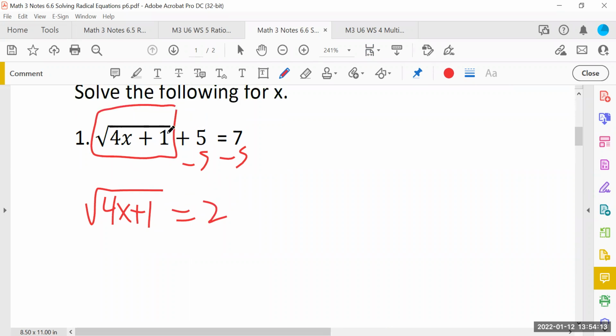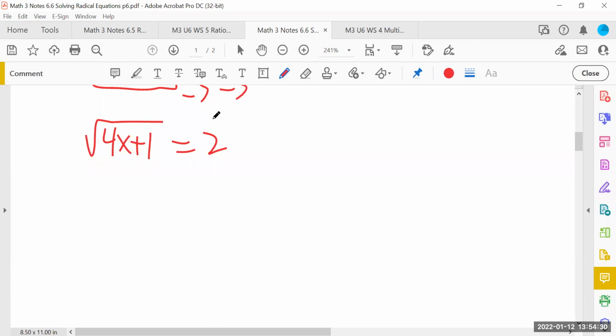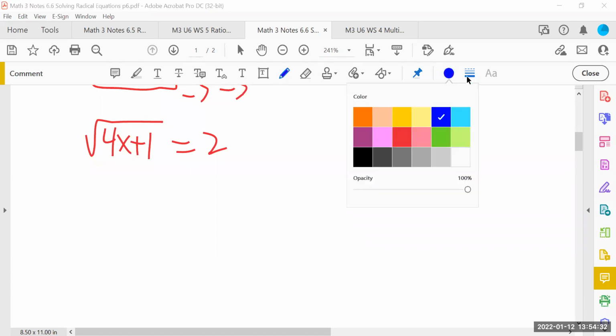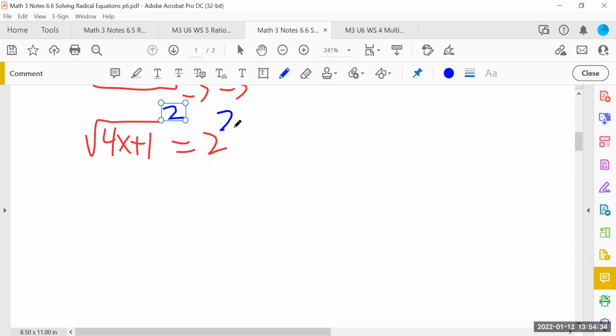So again, the idea is anything that's on the outside, if I need to get rid of a plus 5, I'm going to do the opposite of that. I'm going to subtract 5 from both sides. As long as I do the same thing to both sides, just like any other time we're solving an equation, it keeps it balanced. Now that the square root is by itself, I'm going to get rid of it by squaring both sides.